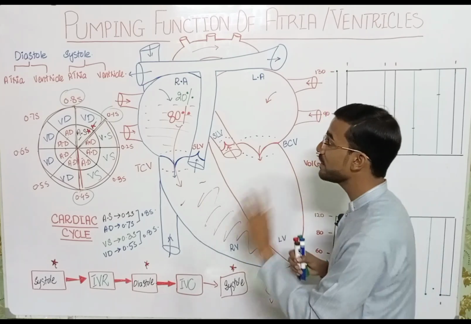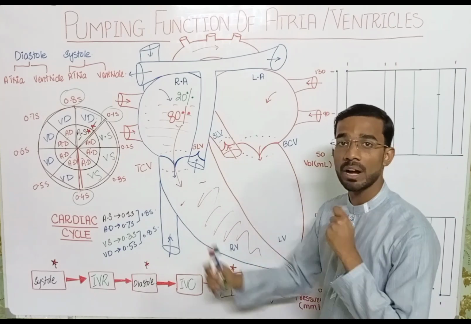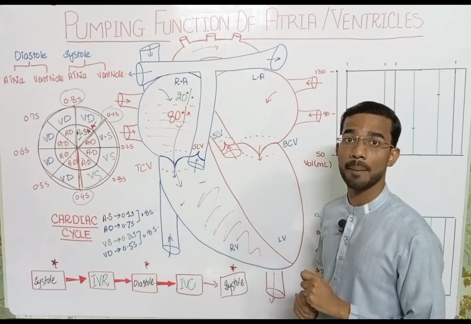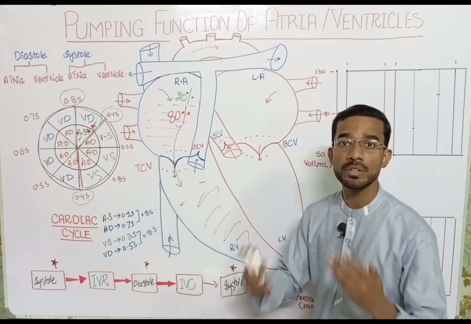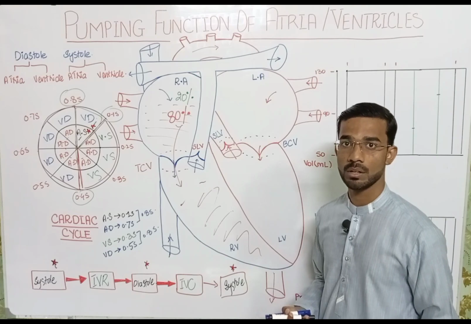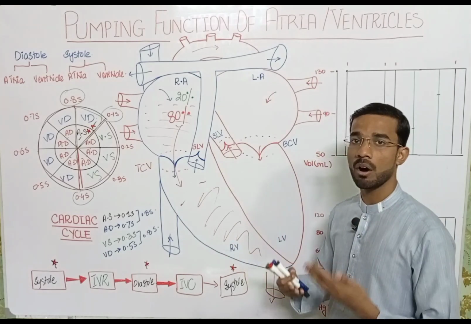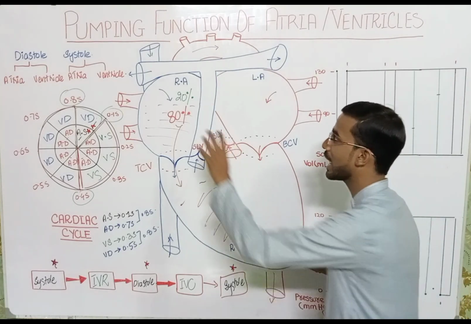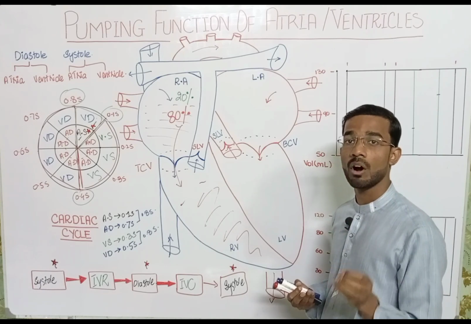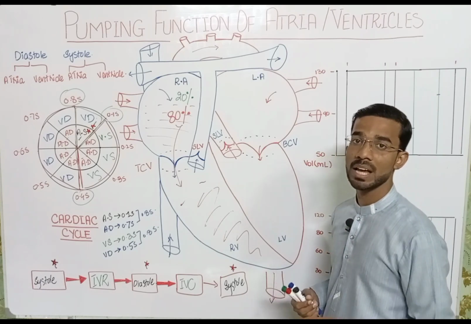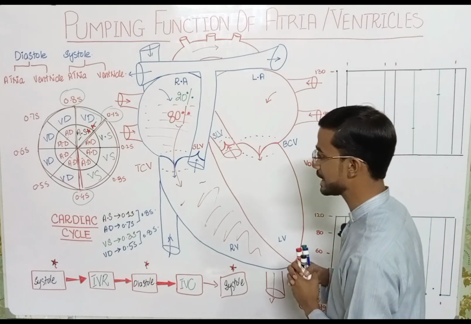But when the atria are dysfunctional and someone does exercise, then the patient goes towards cardiac failure, with shortness of breath. Normally a person will survive with dysfunctional atria, but when he or she exercises, it creates problems.